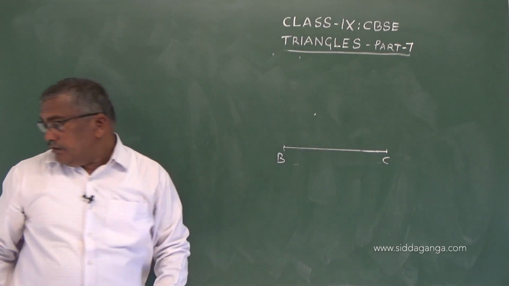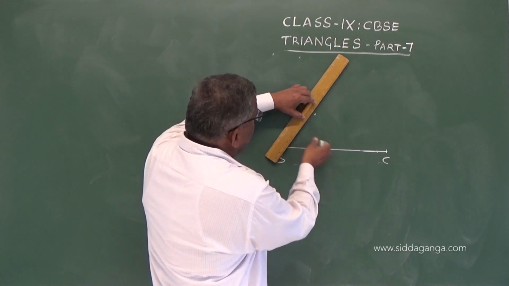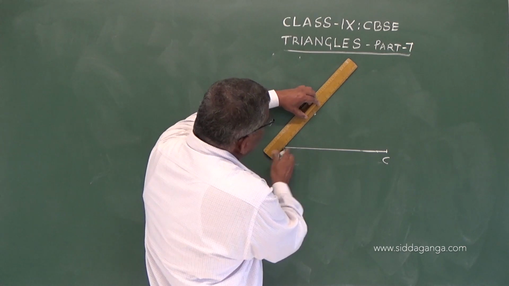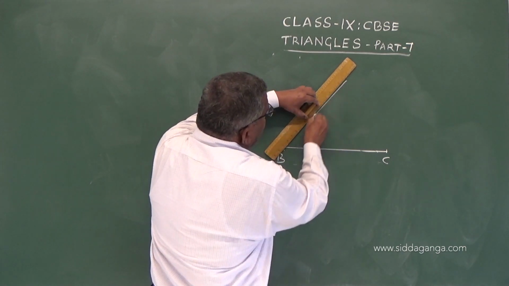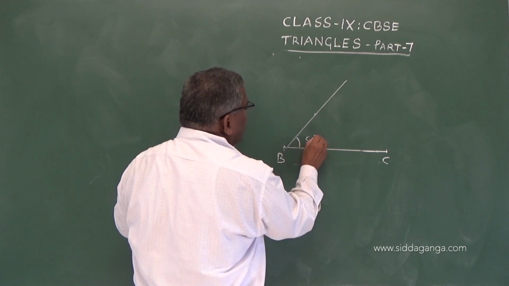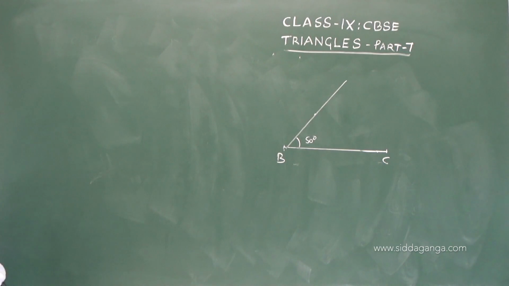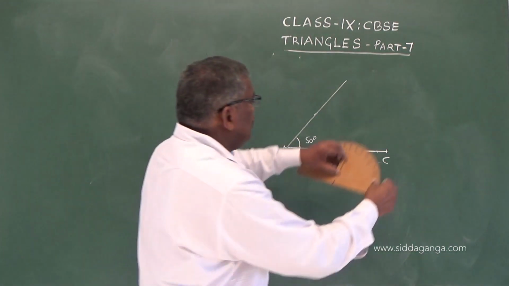So I will draw a line, 50 degree line. So what I have done is, angle B I have taken 50 degree, I will draw a line. This is 50 degree. So now angle C also you take 50 degree.